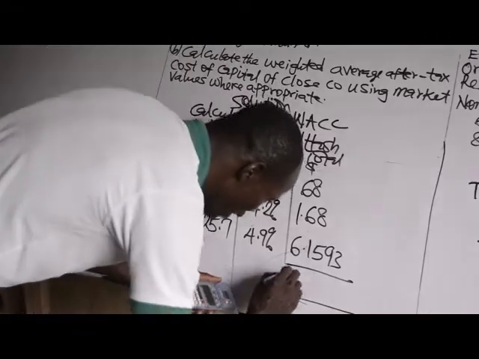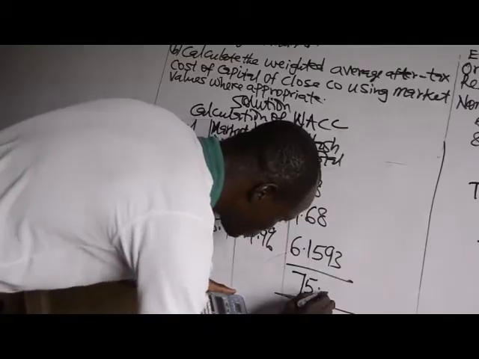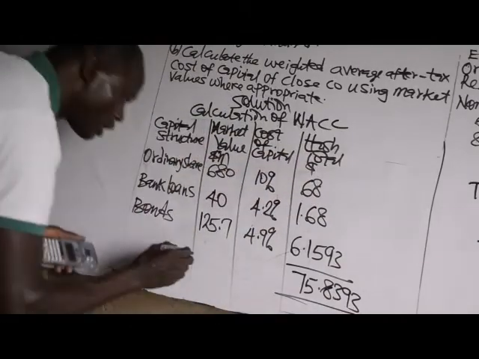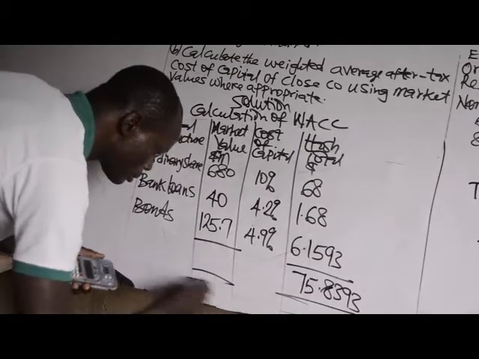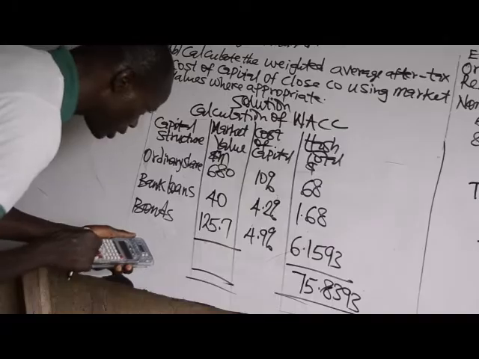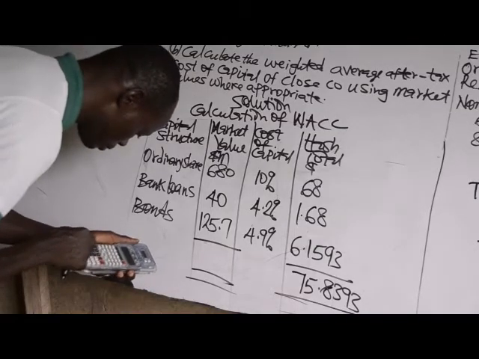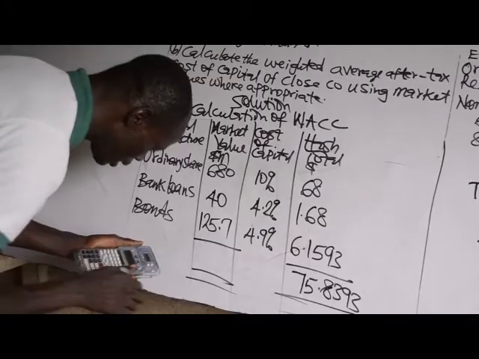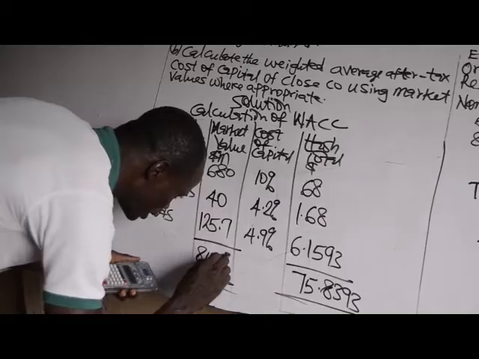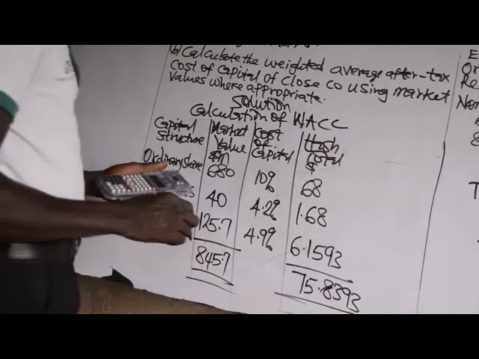We have 75.8393. What is the total of the market value here? The market value is 680 plus 40 plus 125.7. That gives us 845.7.